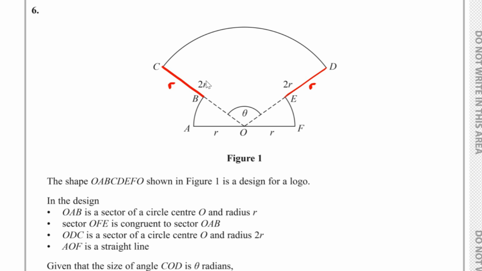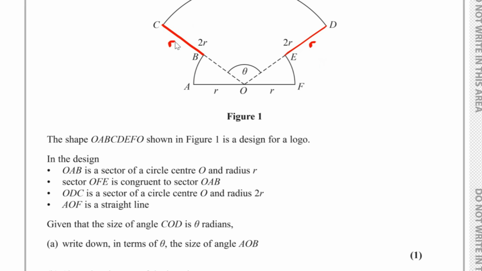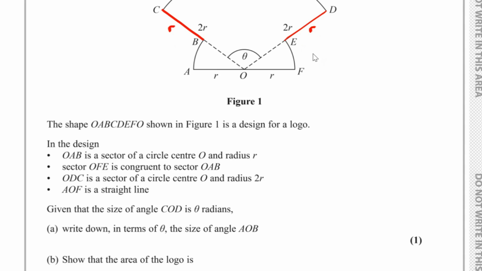To work that out, of course, 2r minus r gives r. So we've got 1, 2, 3, 4 lots of r.